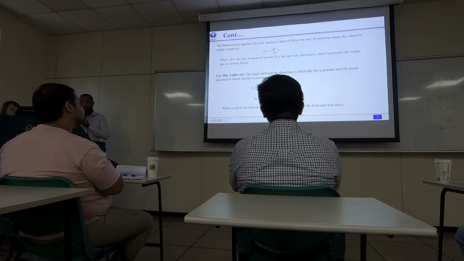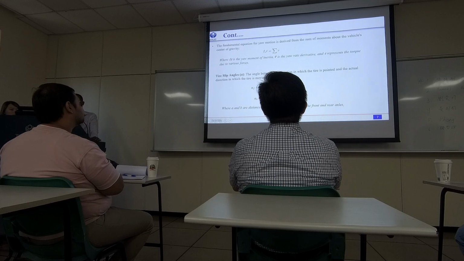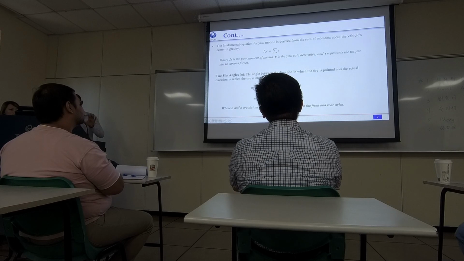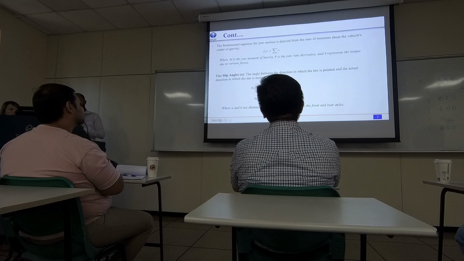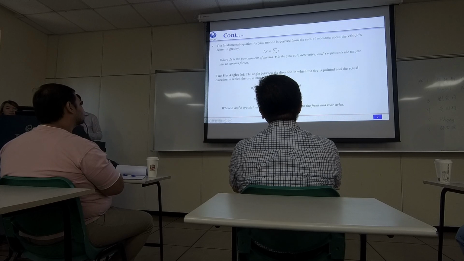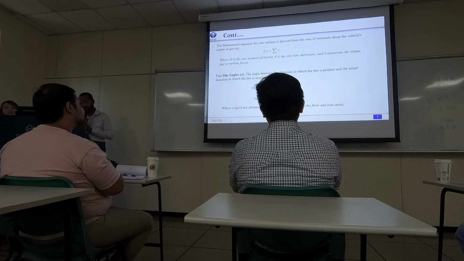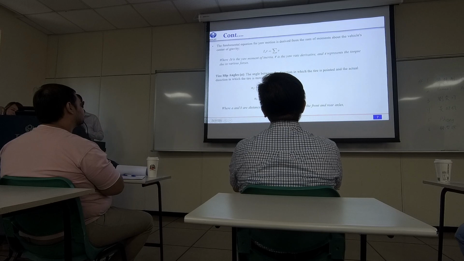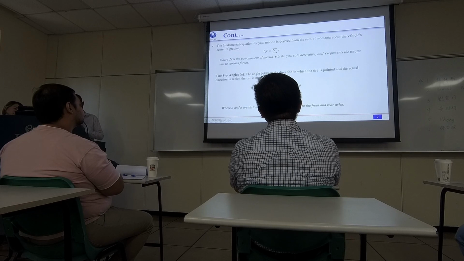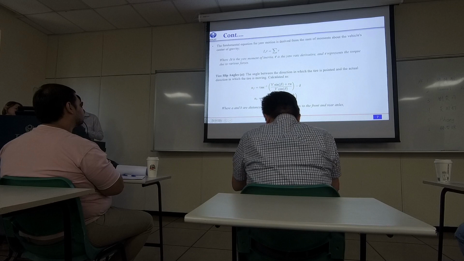in order to maintain the stability of the vehicle. The fundamental equation for yaw motion is derived from the sum of moments about the center of the vehicle being 0, so the yaw moment of inertia times the yaw acceleration must equal the sum of all the torques at the center of the vehicle. Using this governing equation, the tire slip angle can be calculated with this equation.